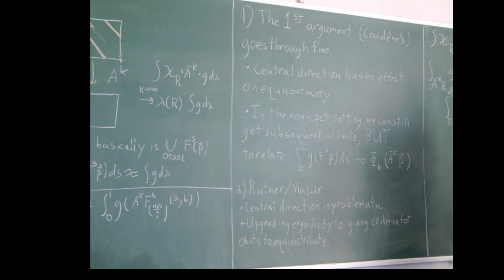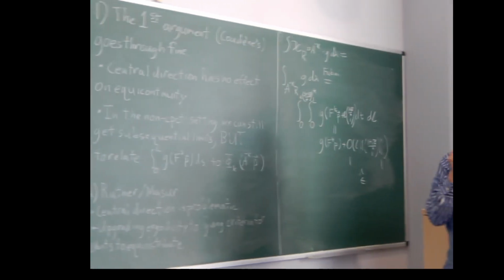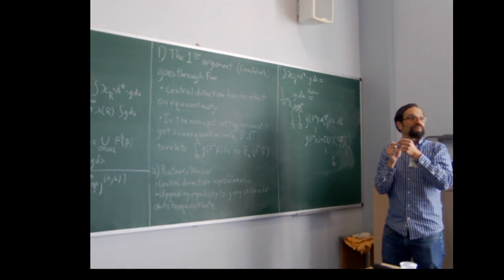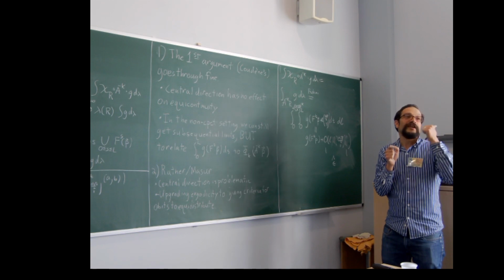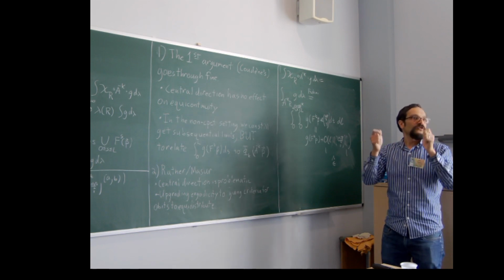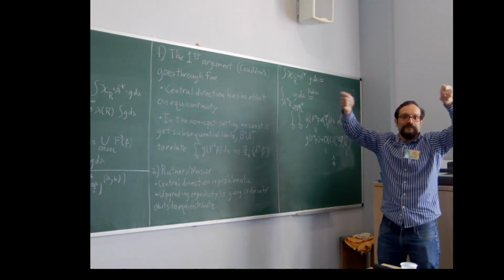If the pullback of my point is close to one of these points by a small amount in the central direction, a reasonable amount in the contracted direction, and something in the expanded direction, I can use the same exact trick and push them forward.